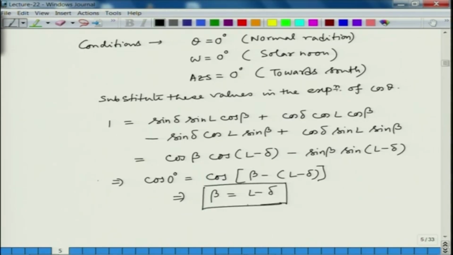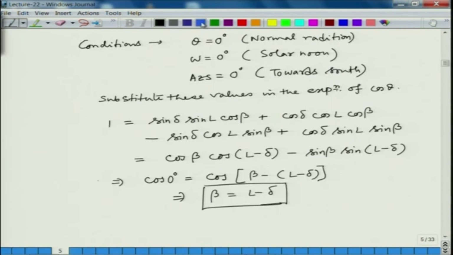So, in mode 1, the axis orientation is east west and the axis is horizontal. Then at solar noon, if you want the beam radiation perpendicular to the surface, you have to choose a tilt angle which is the difference between the latitude of that place and the declination on that particular day.